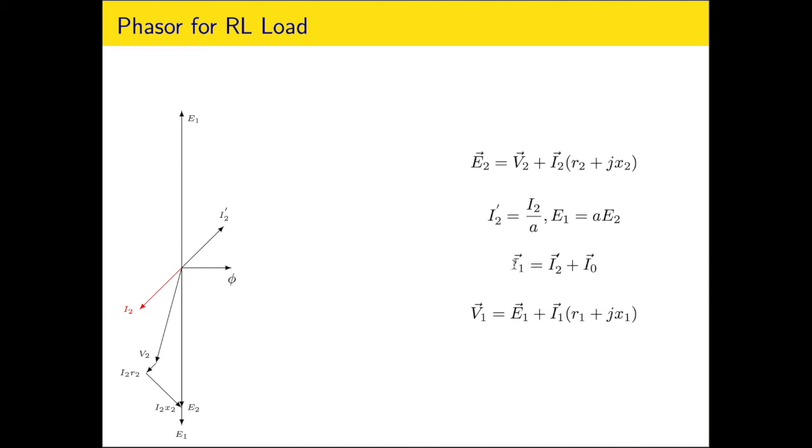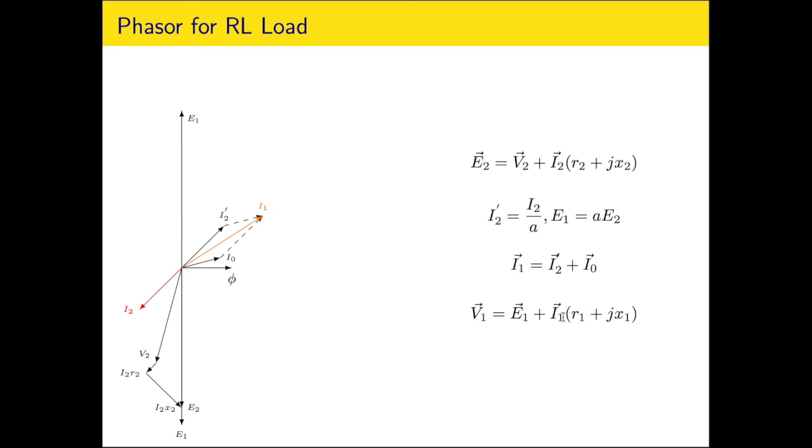Next I will be introducing the I0. As mentioned previously, for the no load condition, the I0 is marked, then it is added to I2 dash, giving rise to the primary current I1. Once that is done, we have to carry out V1 is equal to E1 plus I1 into R1 plus jX1.